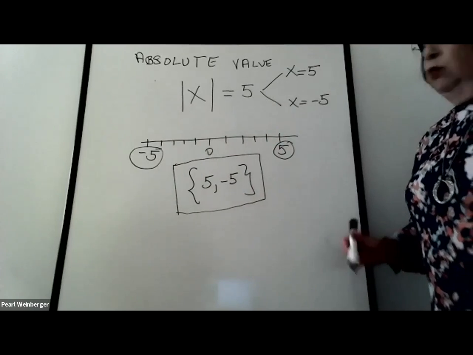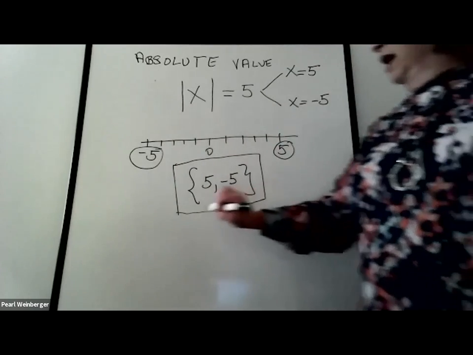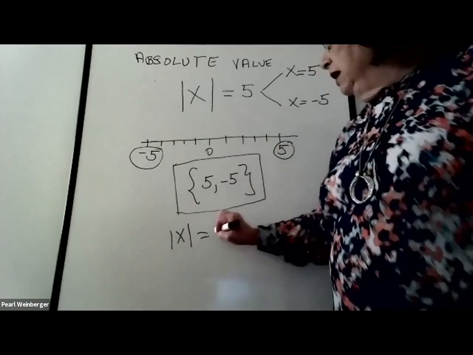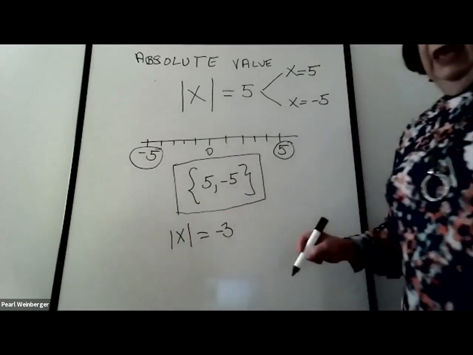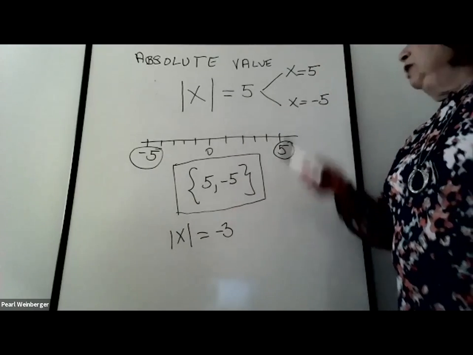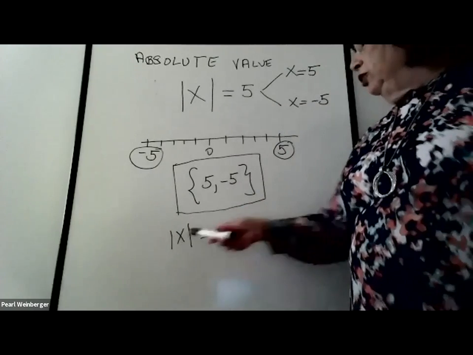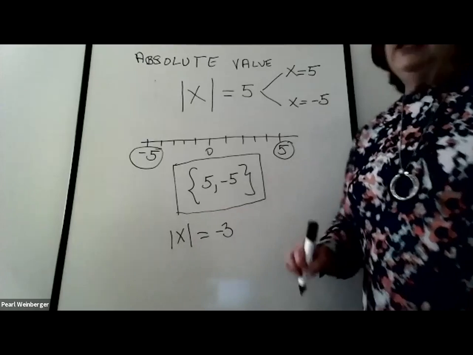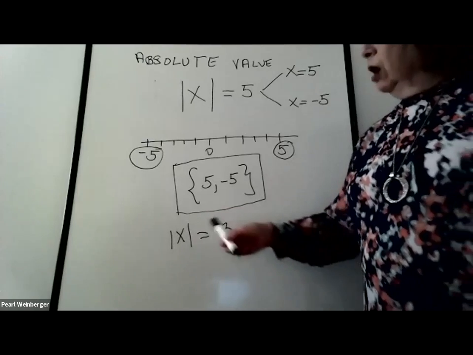What you should be aware of is that if I would have given you something like this, the absolute value of x equals -3, I know what you tend to think is, oh, I'm going to make 2 equations. I'm going to call it x equals -3 and x equals 3. But actually that would be wrong. Why?